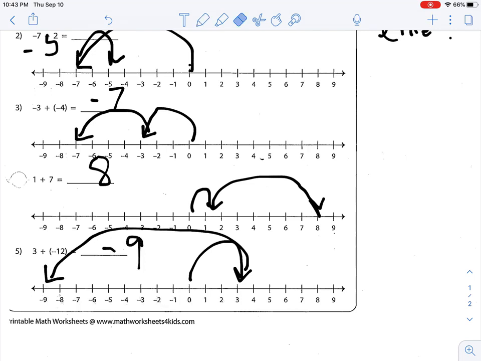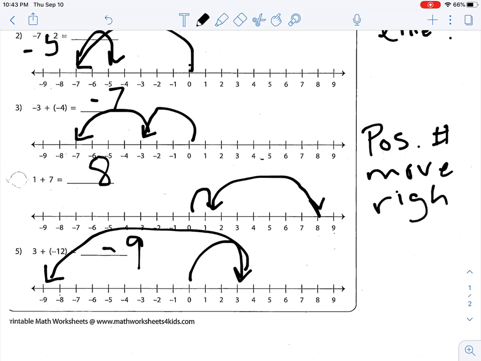So, in conclusion or in summary, positive numbers move right. Negative numbers move left.